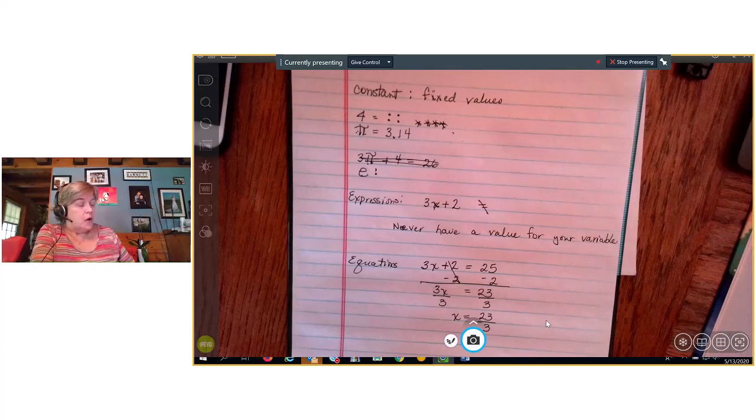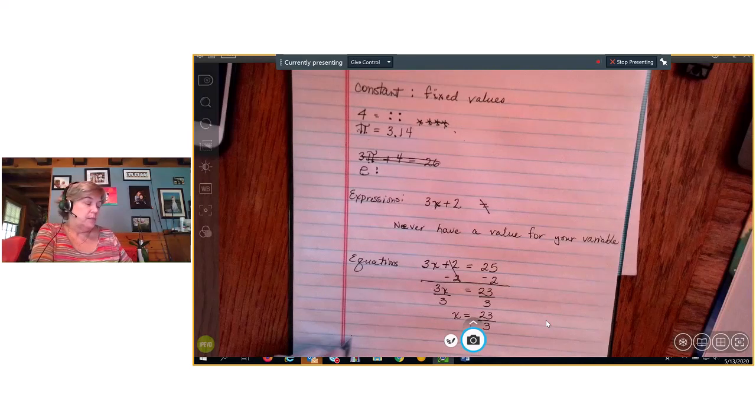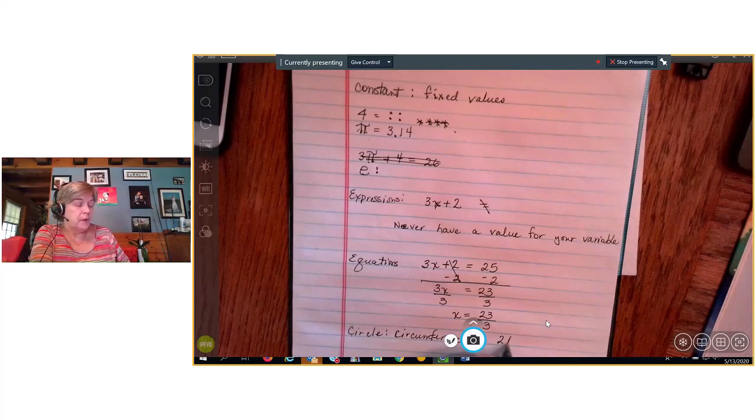So when we do certain things, if I ask you for what's the equation for a circle, for the circumference, then this is going to equal 2 pi r.